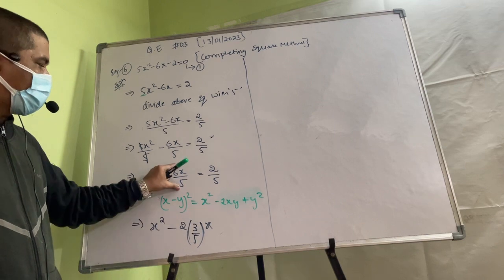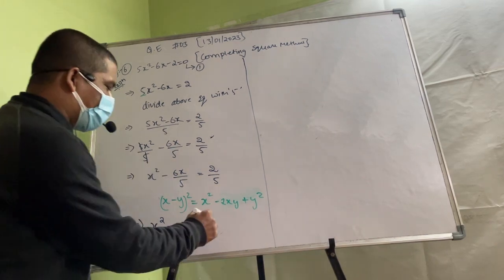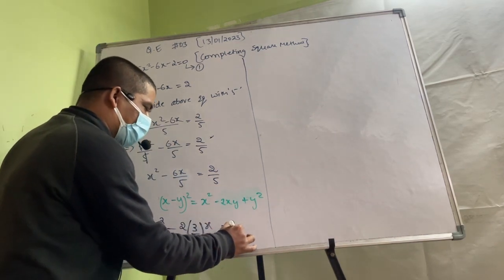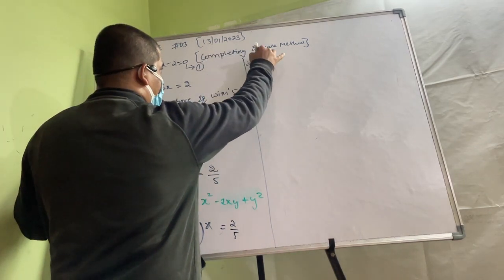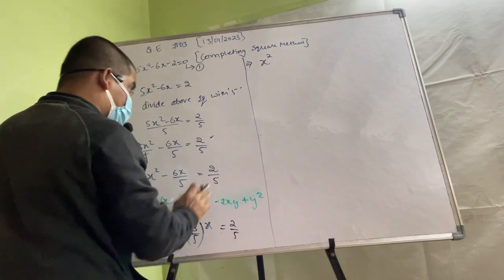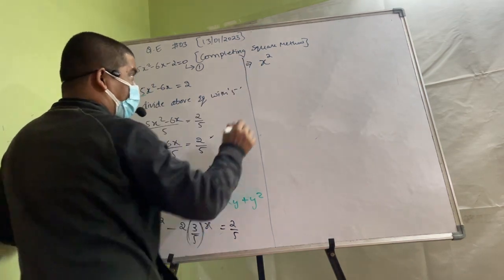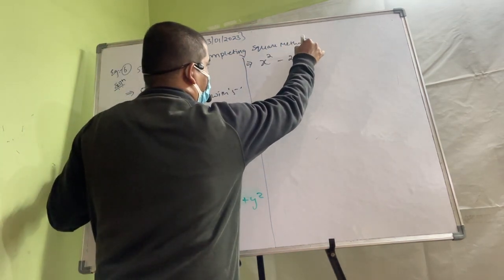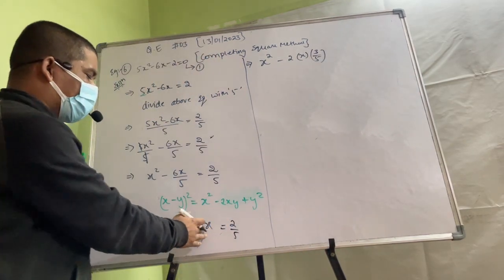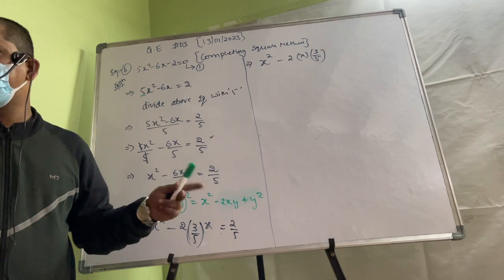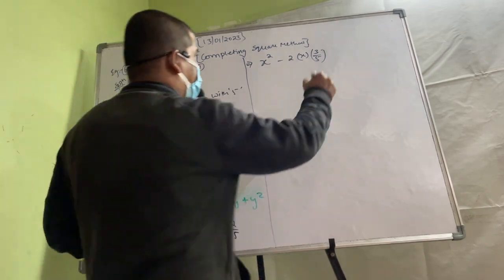That means this and this are the same. On the right side, 2 by 5 keep as it is. Now, in the next step, actually this is only for detailed explanation. I am interchanging. 3 by 5 I am writing here, x I am writing here. Interchanging their positions just to make you understand it.